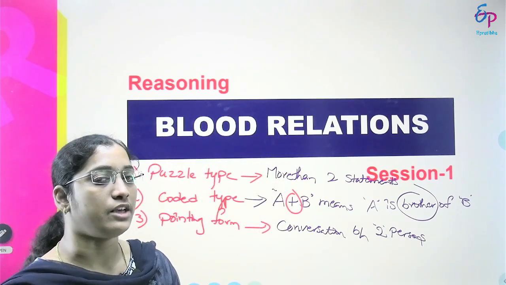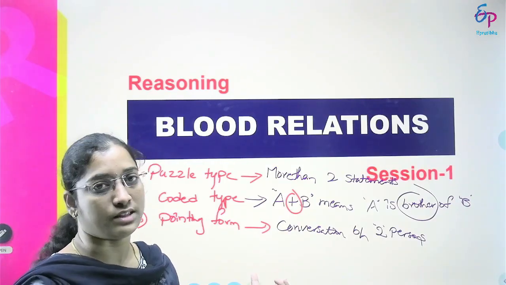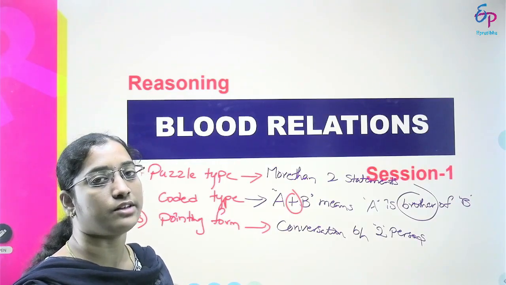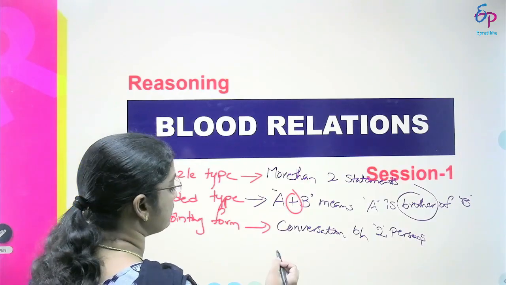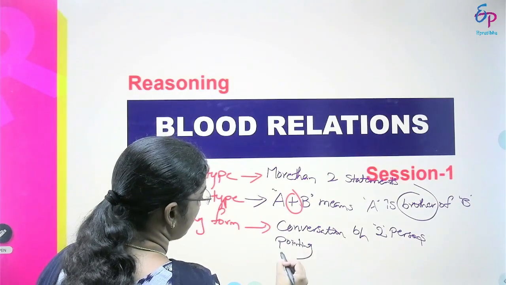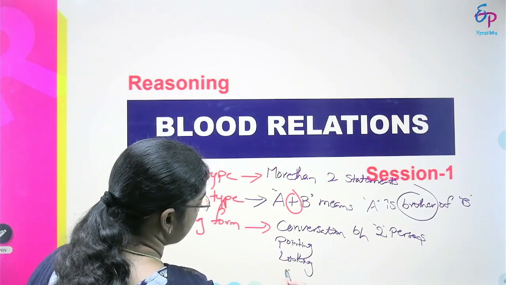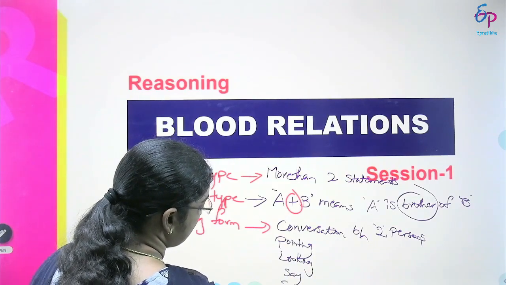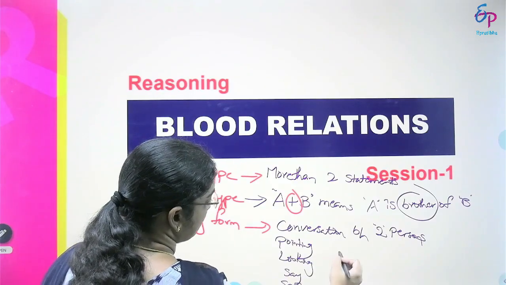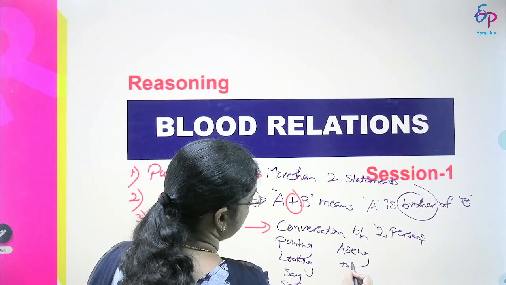Sometimes we use keywords also. In case your question has these keywords, definitely that question is related to pointing form, and those keywords are pointing, looking, say, said, asking, told.